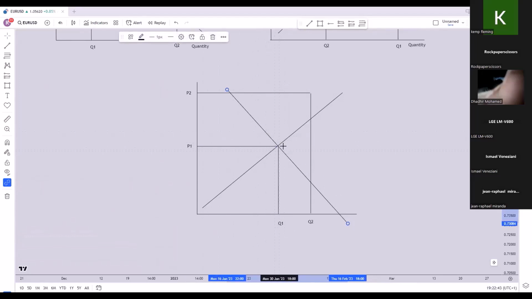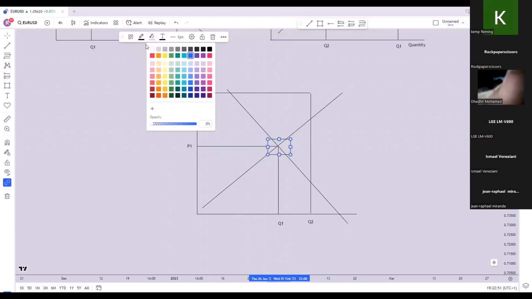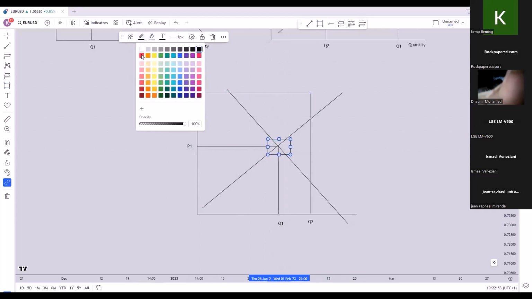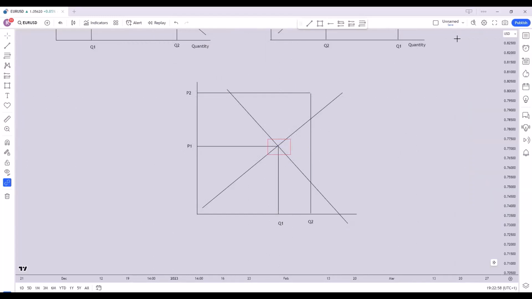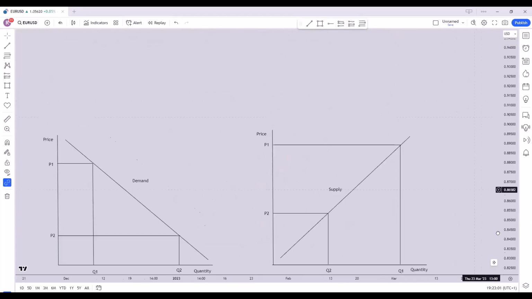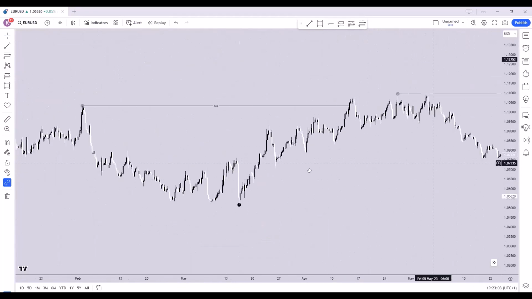When demand and supply meet at a specific point, in this case, it's right here, this is where current price is, okay? So when you look at your charts, I'm sure you guys can see the axes here.